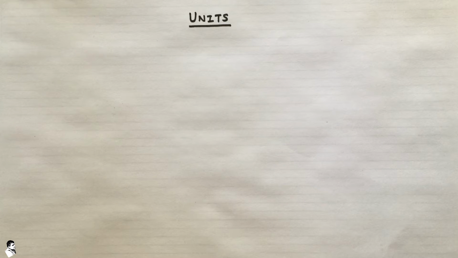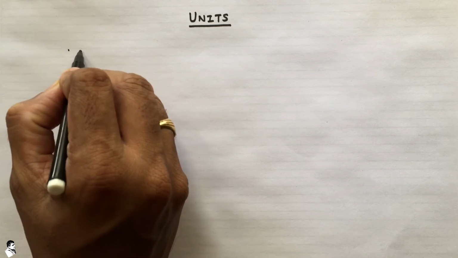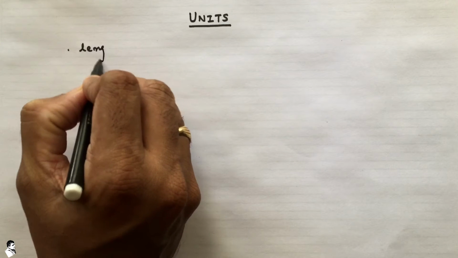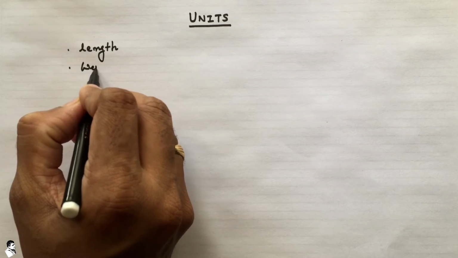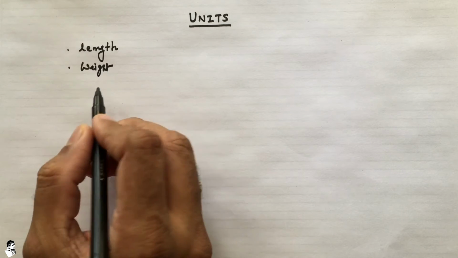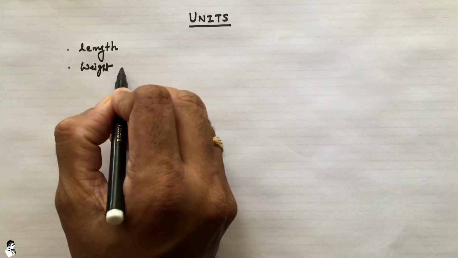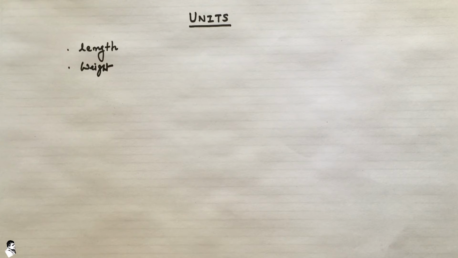Now, units can be defined as the entities that help to carry out measurements, and that can be of any kind. As an example, length measurement or weight of any element. So this type of entity, if you want to measure, can be measured in a particular unit.